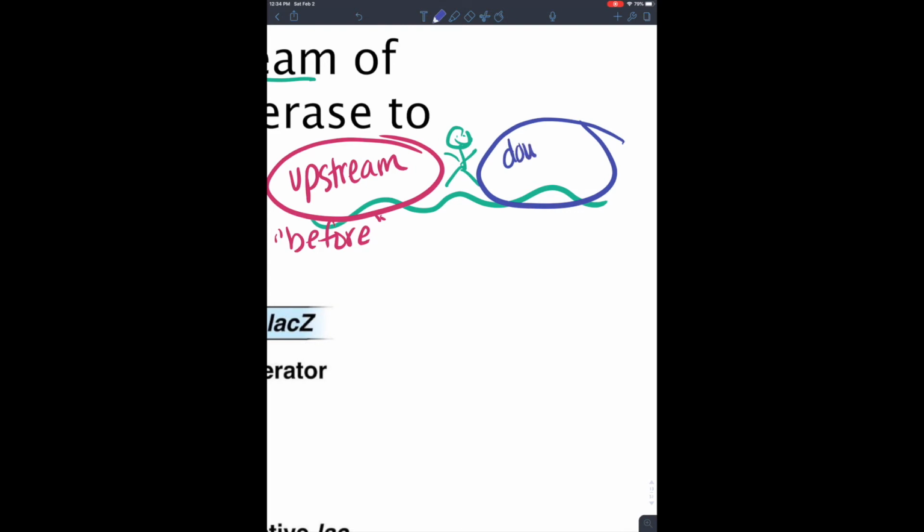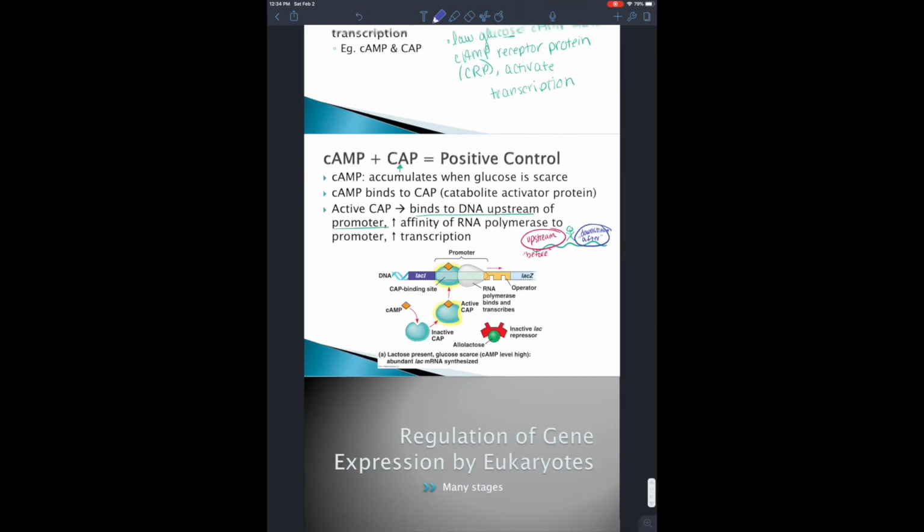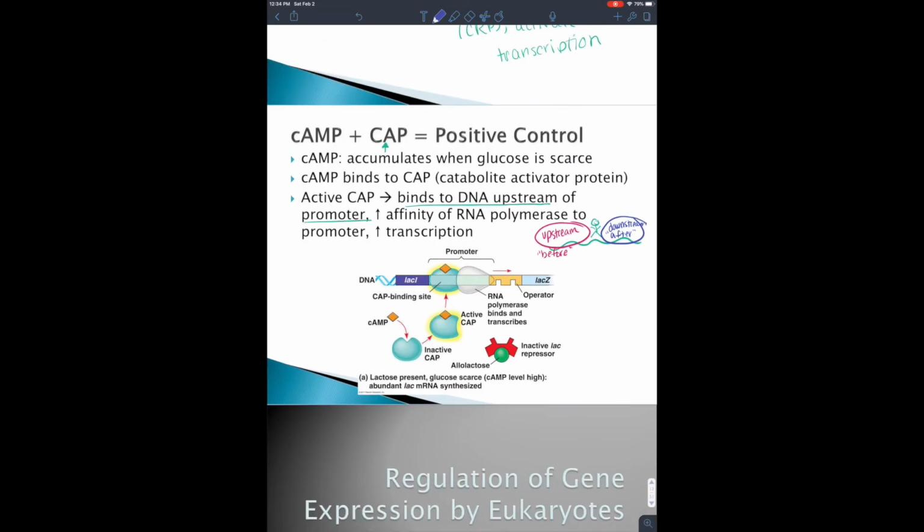Here's downstream. It's after. So CAP is going to bind to DNA. So we'll now relabel our thing. You are now DNA. CAP is going to bind upstream or before that promoter.